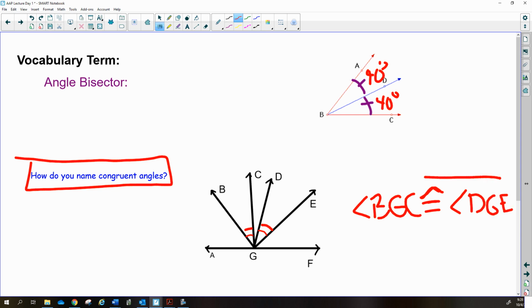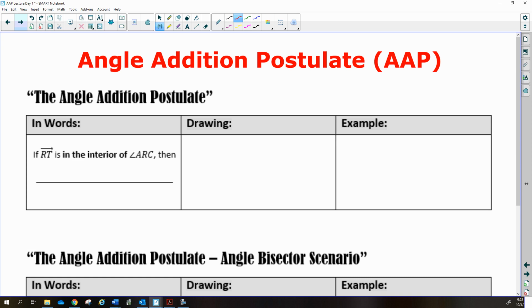Don't worry about the congruent symbol. It's just another way to say that you have corresponding parts in congruent order. It's another way to write an equal sign, but these are the two angles that you're going to use that are equal.